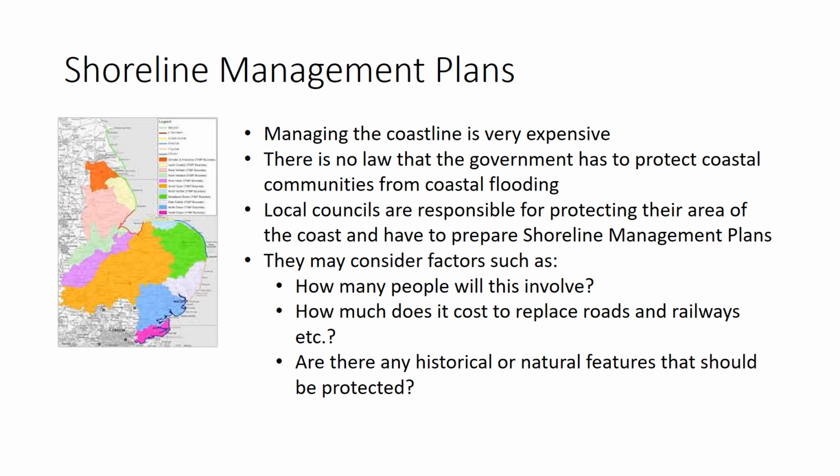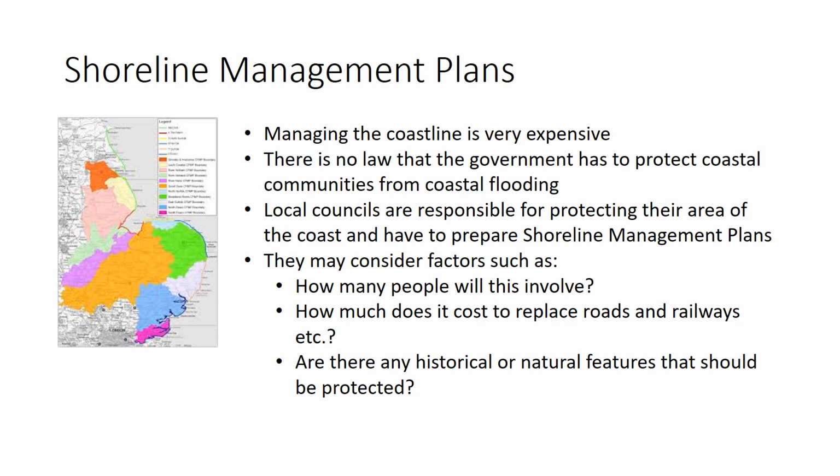In deciding whether or not to build a new coastal defence or repair old ones, the local council needs to weigh up the benefits of building the defences against the costs, so the advantages and disadvantages. They may consider factors such as how many people live in the area, how many people are threatened by erosion, and what is their property worth.